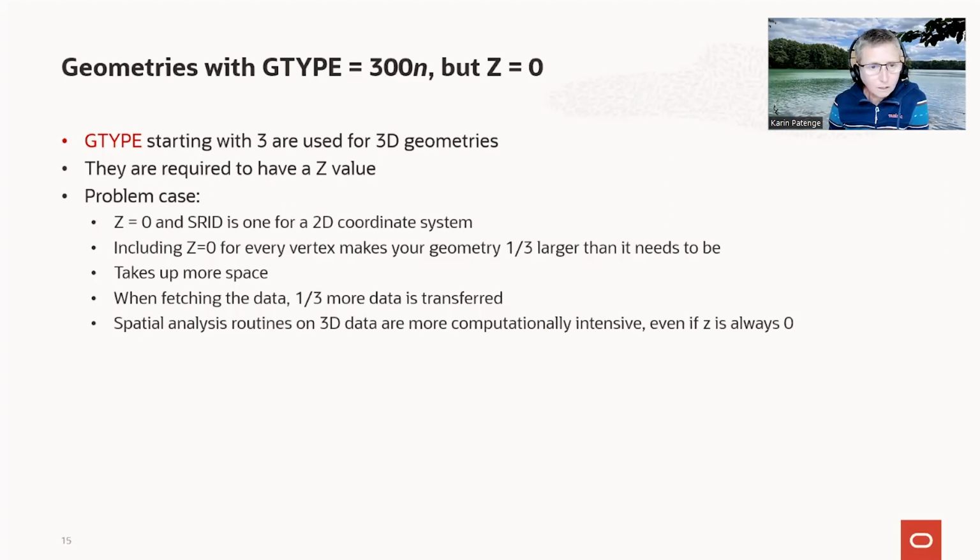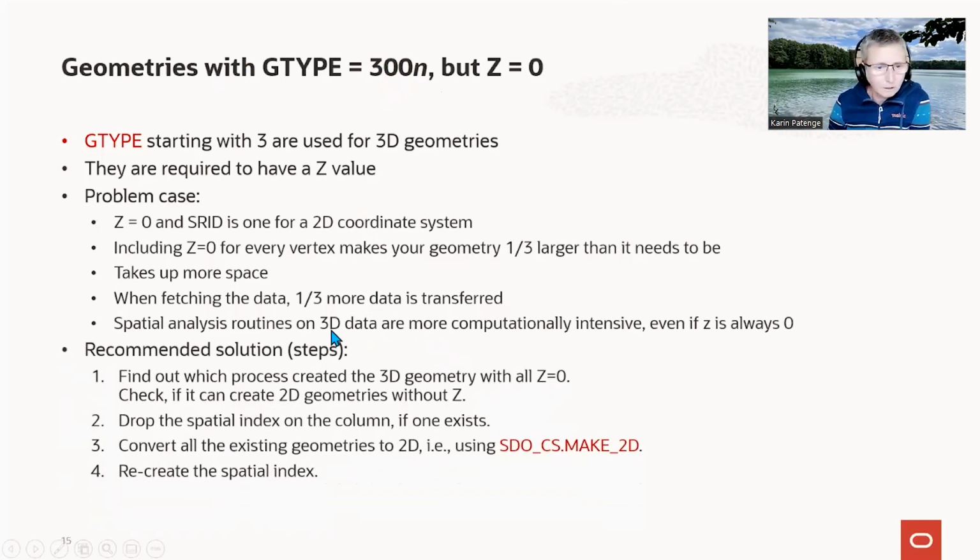So what we recommend is, if you don't require the Z value, then you can transform the 3D geometry, stored as GType 3 something, into a 2D geometry. And this is what you can do in this solution.